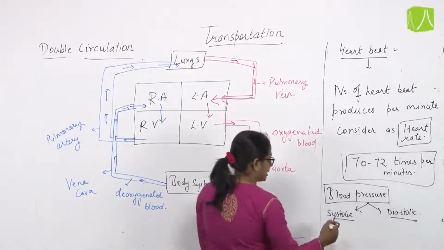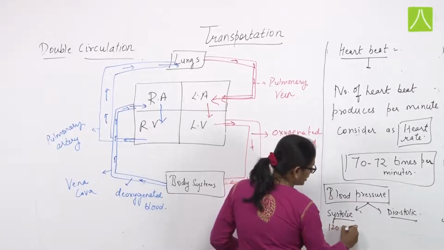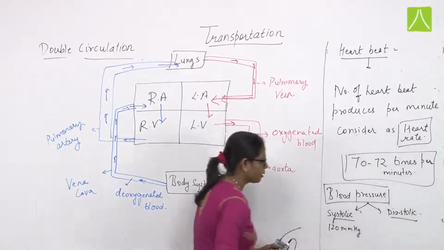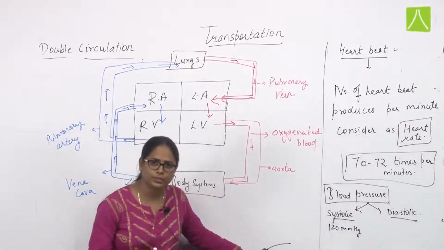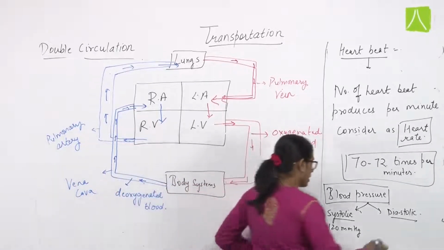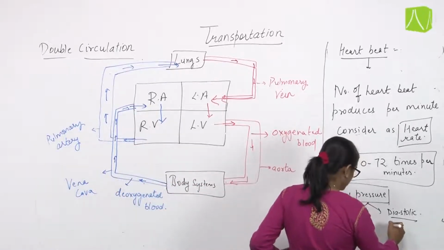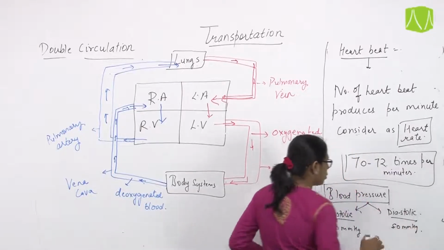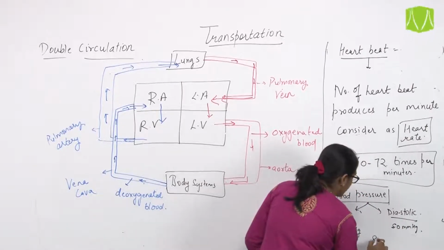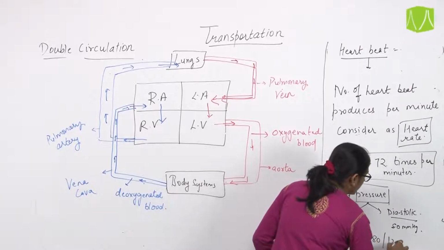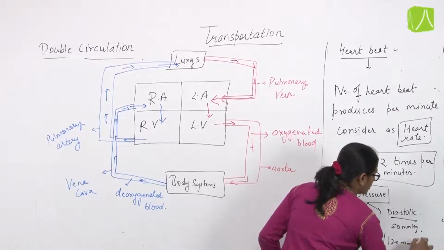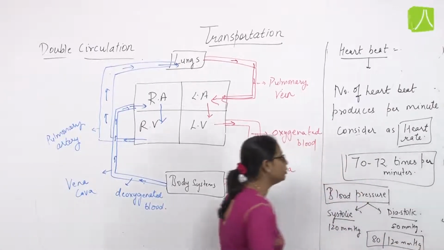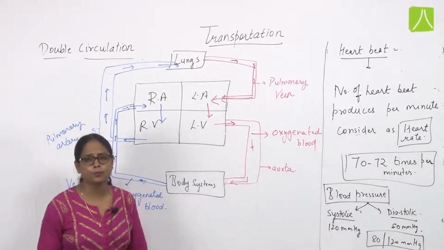The systolic blood pressure is 120 mmHg, the normal blood pressure found in normal human beings, and the diastolic is 80 mmHg. So we can say the normal blood pressure is 120/80 mmHg in a normal human being. So this is about blood pressure.